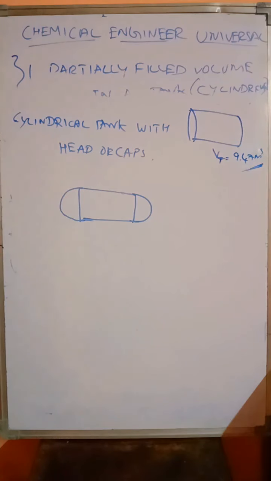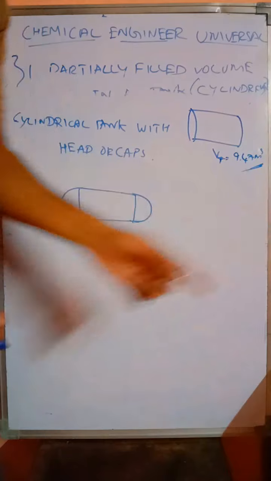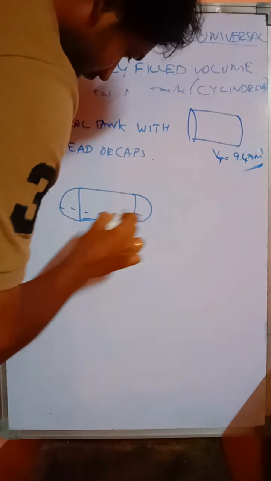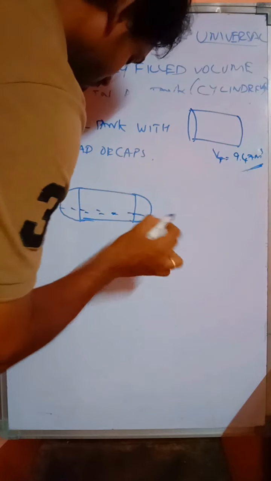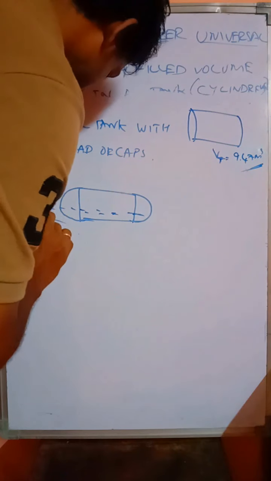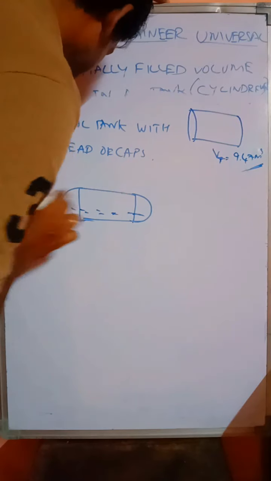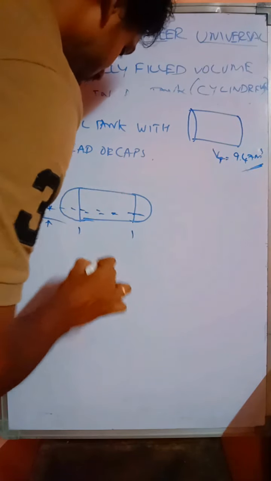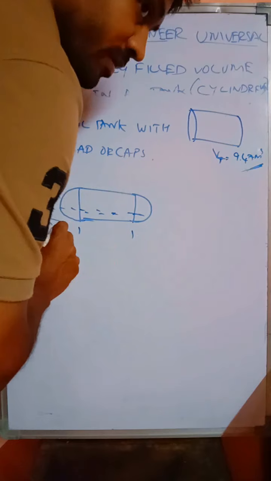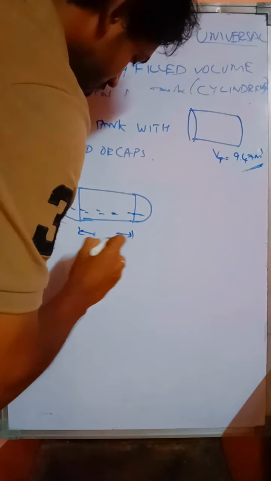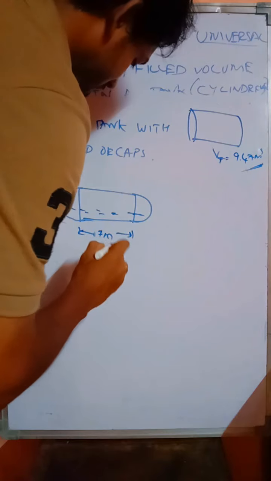So for the vertical case, the formulas and calculations will vary. But in this type we have the same head. So take the same head as 0.8 meter. This is head, and the length is the same as 7 meter we have taken earlier.